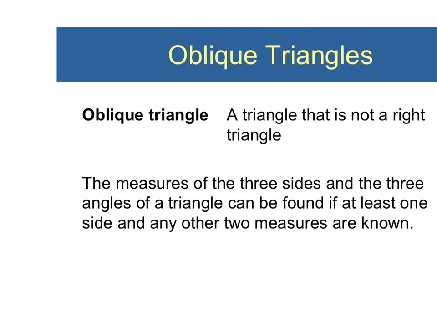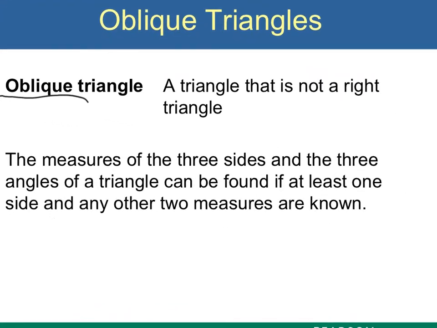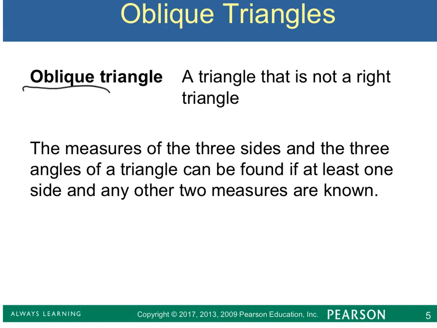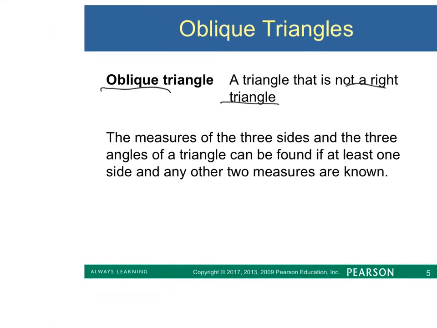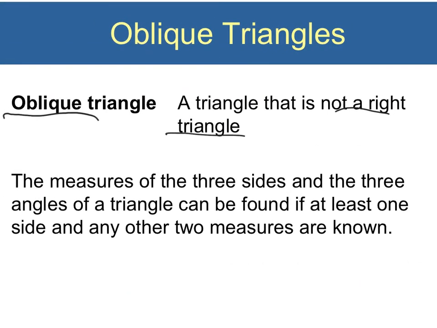Do you remember your definition of an oblique triangle? Oblique, a triangle that is not a right triangle. Every triangle that is not right is oblique. Now, most likely, you understand what an acute triangle is.